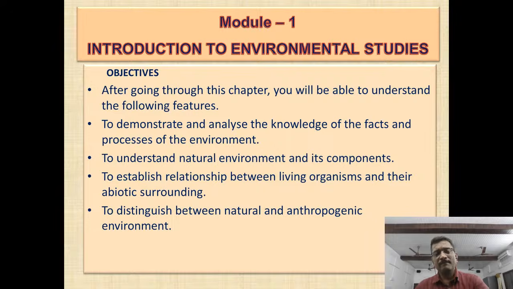But again, it's very important that the anthropogenic environment cannot be easily separated from the natural environment. In fact, the natural environment and the anthropogenic environment go hand in hand. Why? Because the anthropogenic environment, although we talk about it separately, cannot be separated from the natural environment.